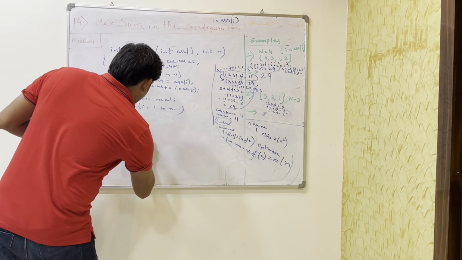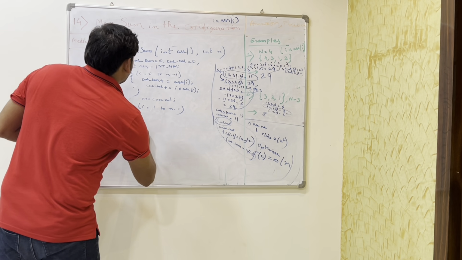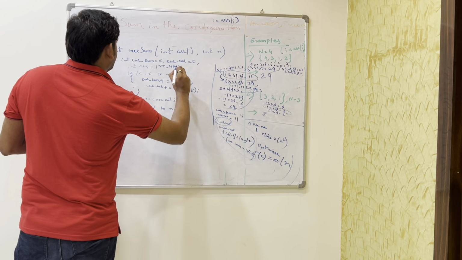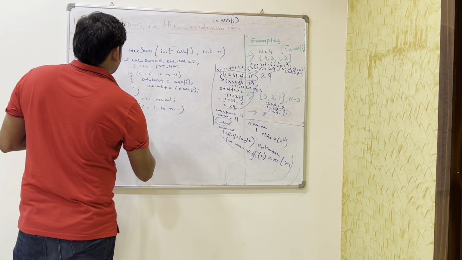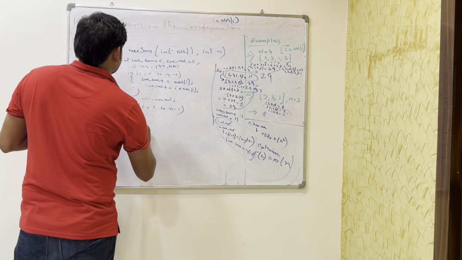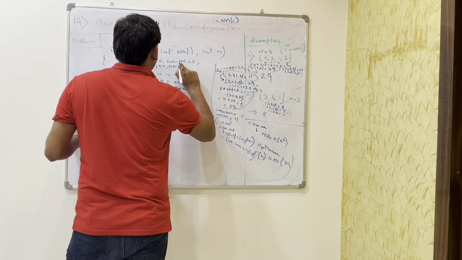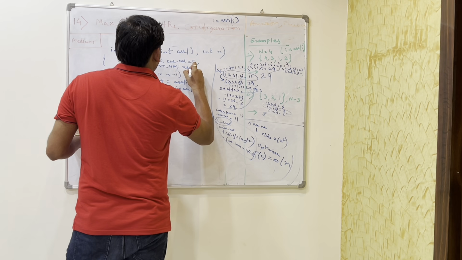So what will happen is, here we have the result, and we have current value is this, result is equal to current value. We can have another variable, say next.